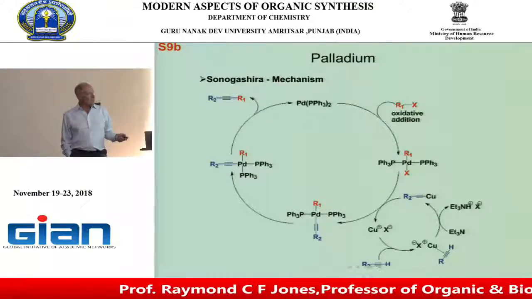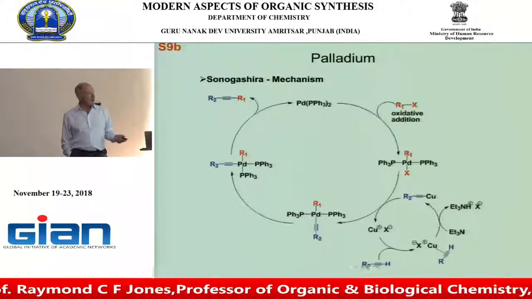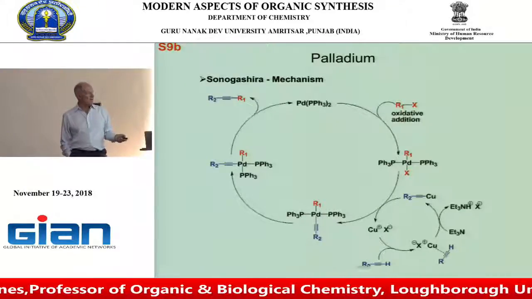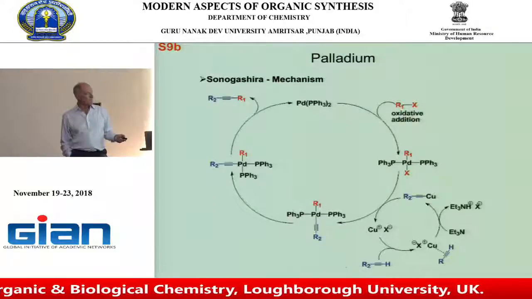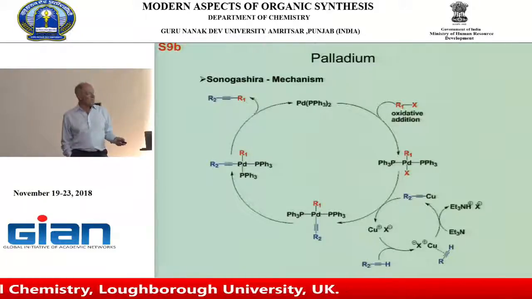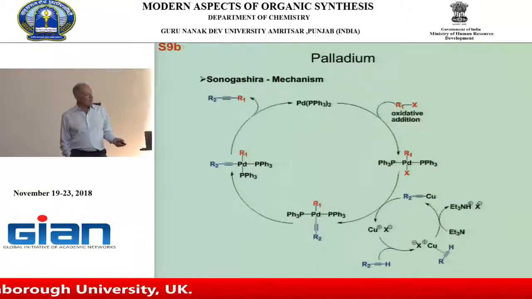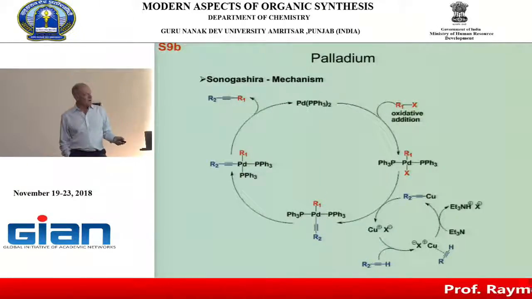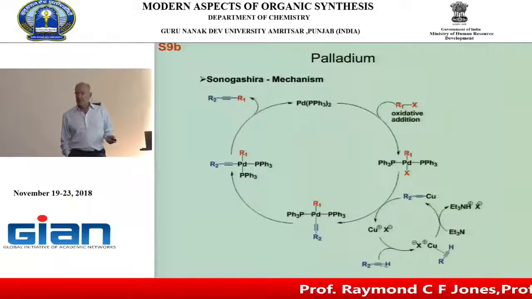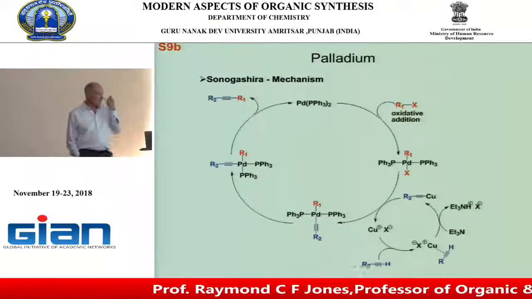Then the transmetallation happens from an alkynyl copper, copper acetylide. Where did that come from? Well, our initial alkyne comes in at the bottom here. Copper complexes to that, sideways on.